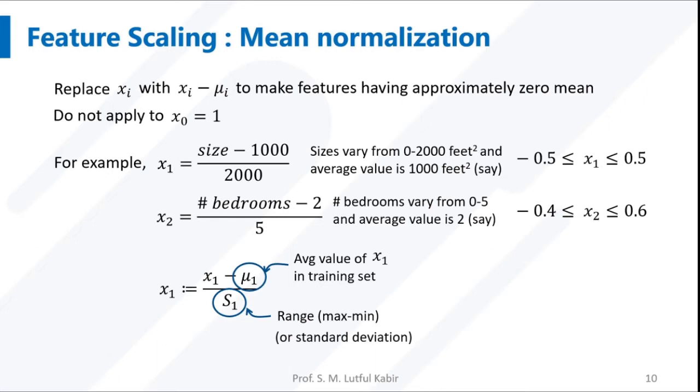So x2 should be converted by a similar formula, x2 minus mu2 divided by s2. So in this way, if we convert all the feature values, first of all subtract the mean value from the feature value and then divide by the range of that particular feature. In this way, we can have the feature data within a similar range.